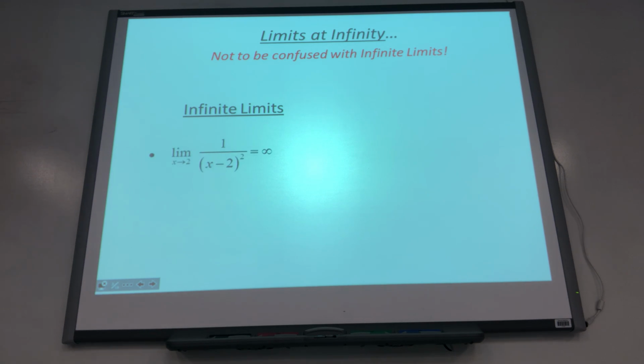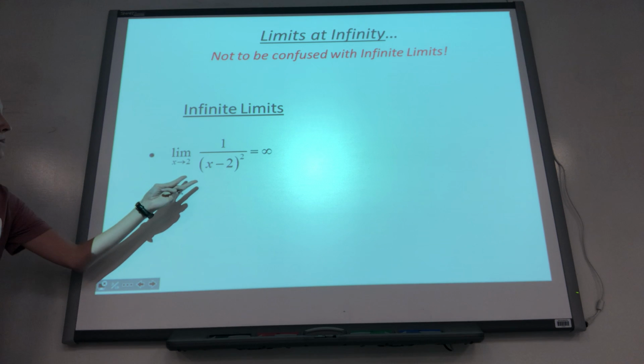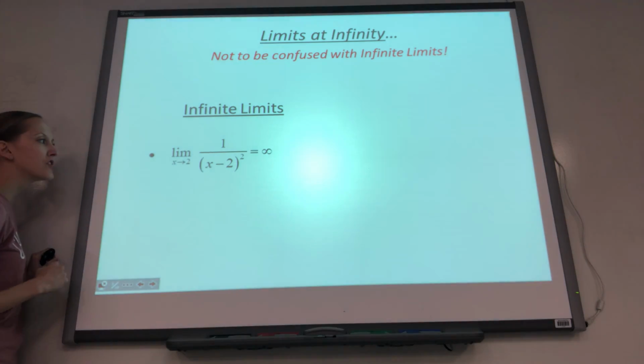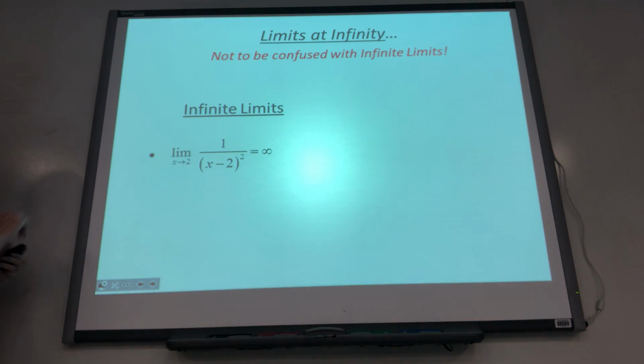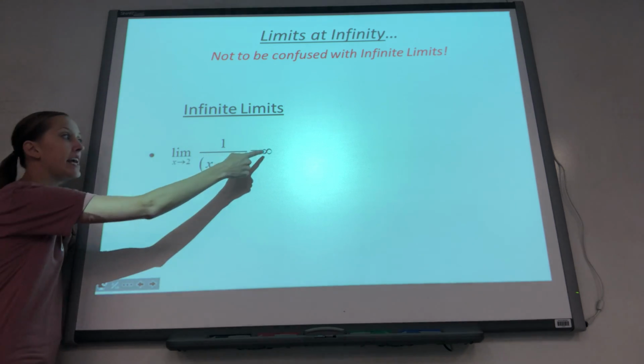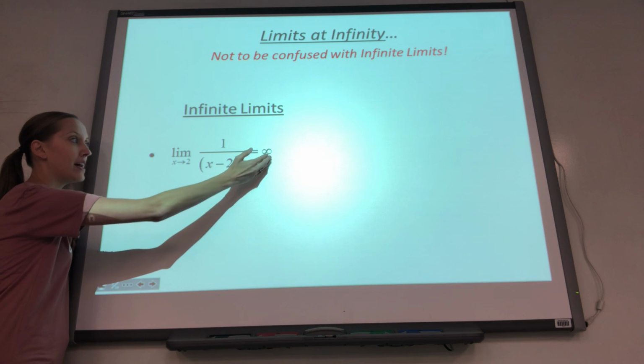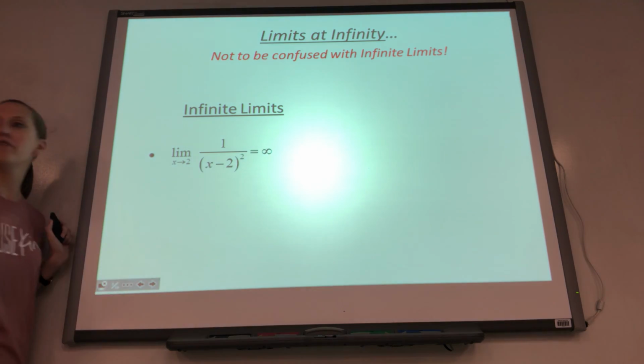So here is just a random example of an infinite limit. It's the limit as x approaches 2 of 1 over x minus 2 squared. And if you type that in, looked at the graph, it would be positive infinity. It would increase without bound forever and ever. It's an infinite limit because the limit, your answer, is one of the infinities.